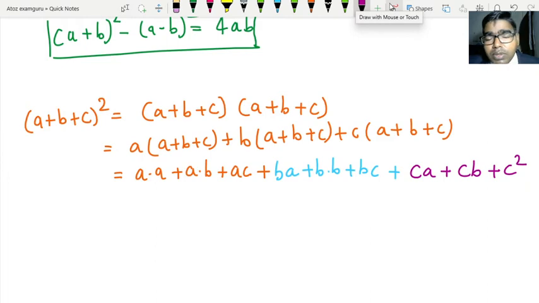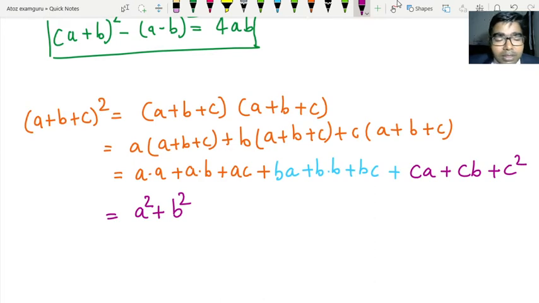Now you are seeing a very peculiar thing, friends. a into a, it means a square. Add similar terms at one place, and you are going to see b into b, it becomes b square, right? So write b square. And c square, write it also here, c square. And this is ab, this is ba.